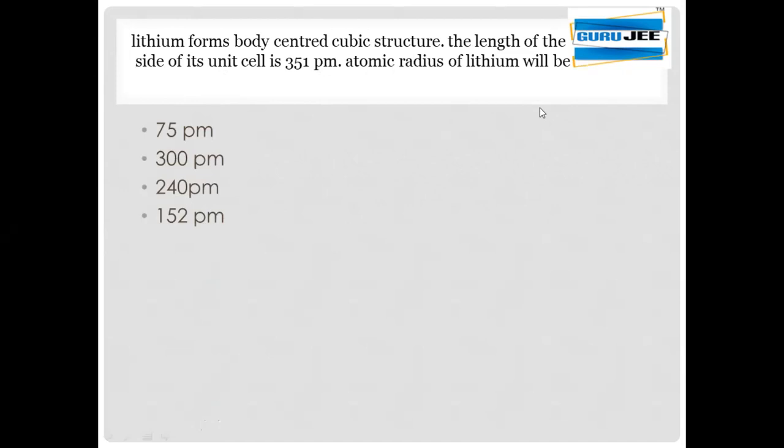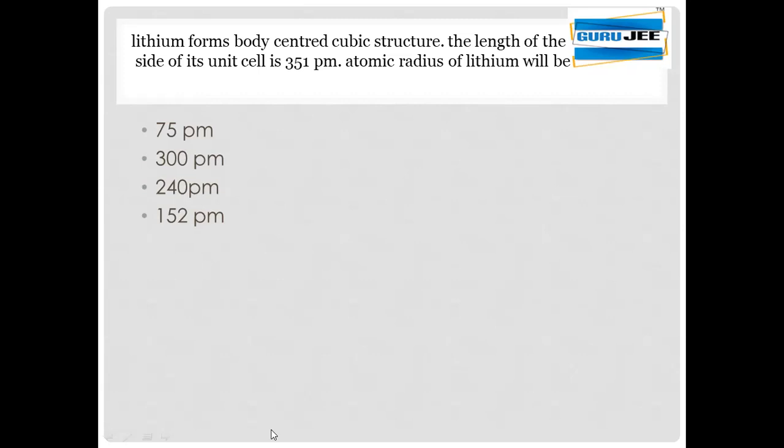Here the question is: lithium forms a BCC structure or body centered cubic structure. Then the length of the side of each unit cell, that means again the edge length A, is given as 351 picometer. Then we have to find out the atomic radius. Have you completed the question?